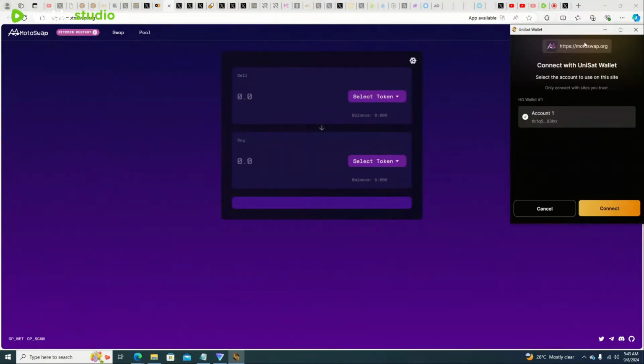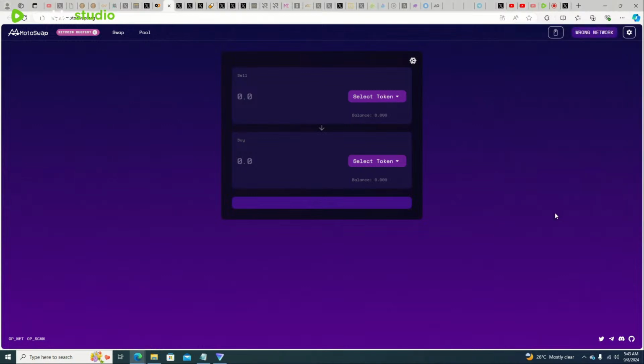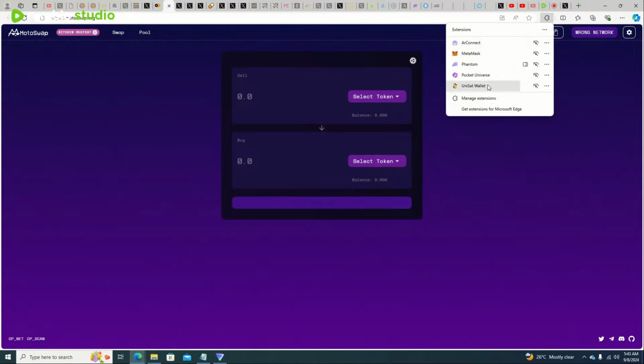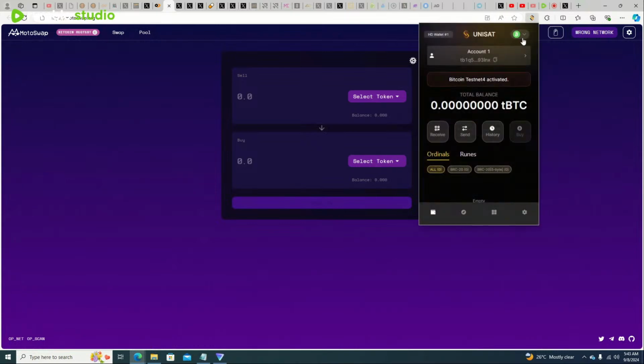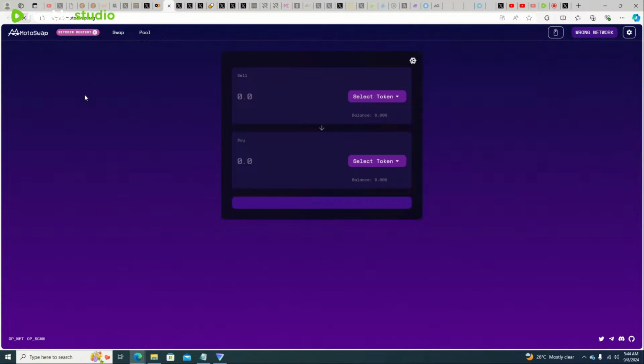So I'm going to try to connect here, connect Unisat, but it says wrong network. Let's try this. Still says wrong network. Bitcoin regtest. Testnet mode is on.